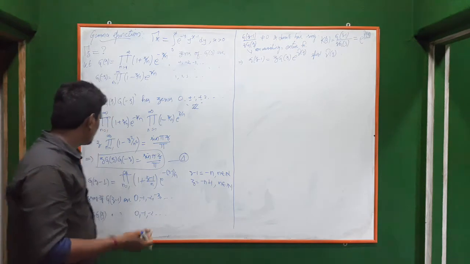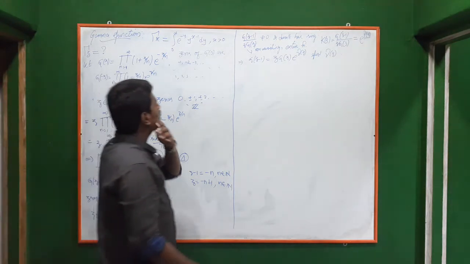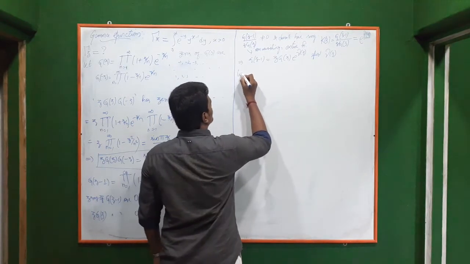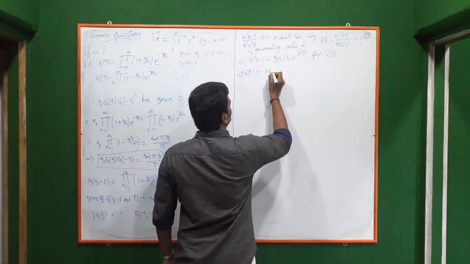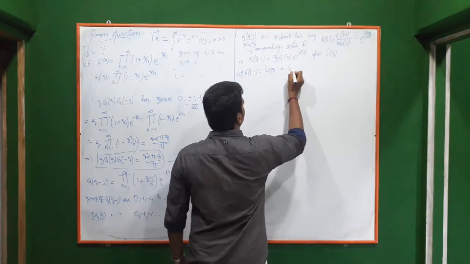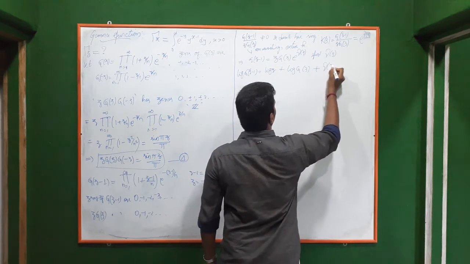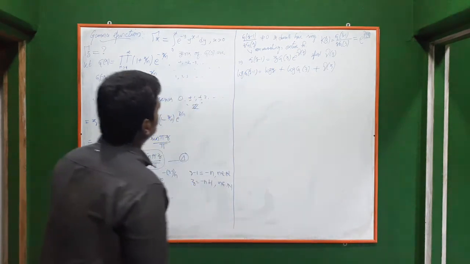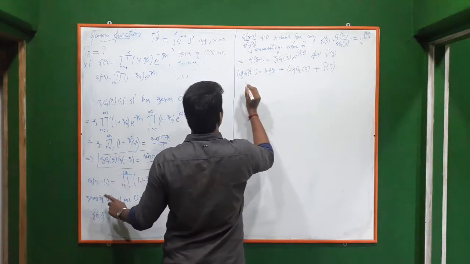So if you want a series from the product, what you have to do is take log on both sides. This will be log g of z minus 1 is equal to log z plus log g of z plus gamma of z. Then what is g of z minus 1? Substitute for everything.